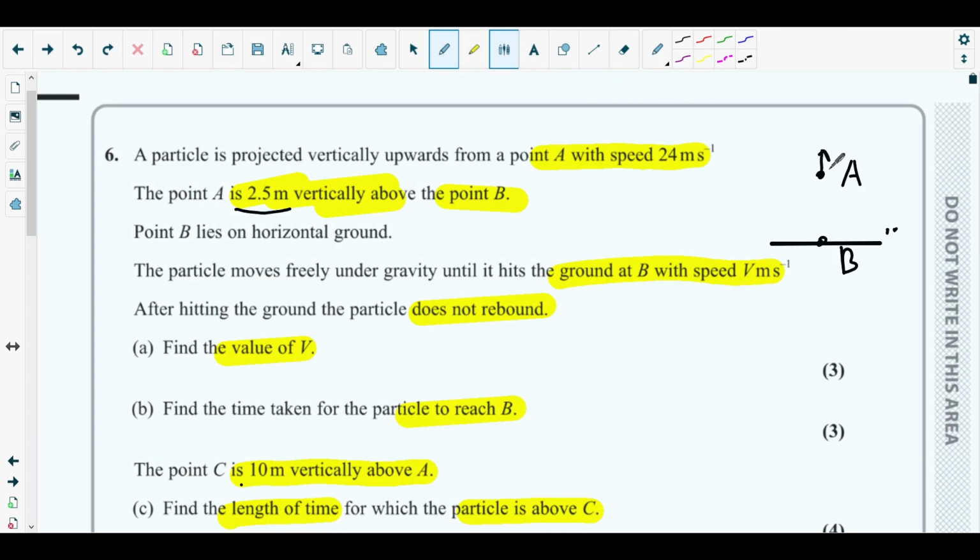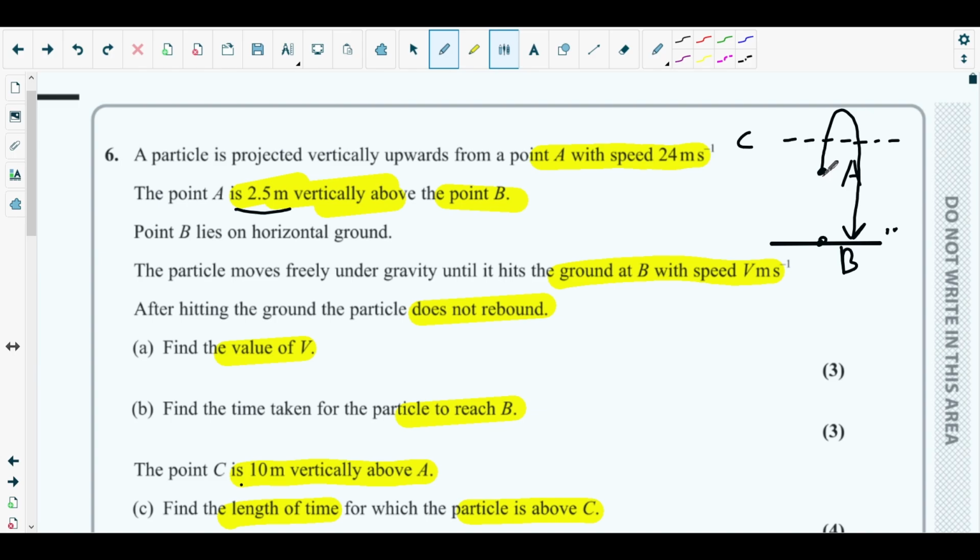The particle has been projected from point A in the upward direction. So this is point A. From point A it moves upward, reaches a maximum height, and then starts moving downward and reaches point B here, right? Consider point C here. When the particle is at the level of point C, what would be its displacement from point A?